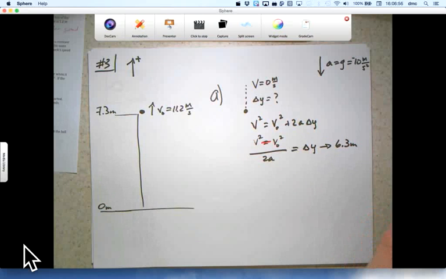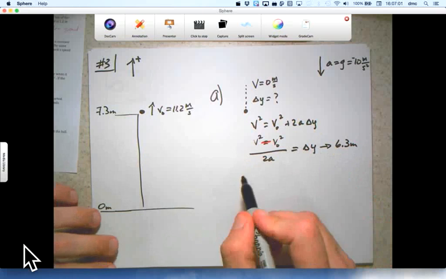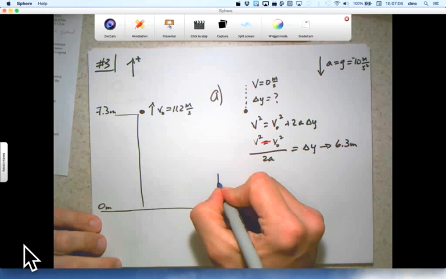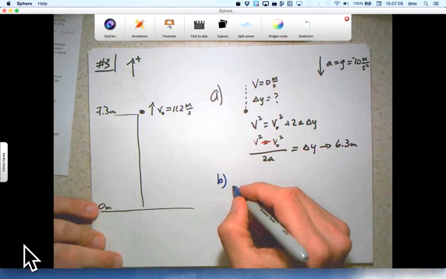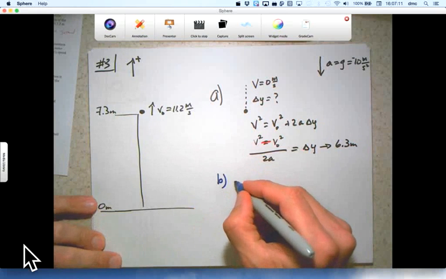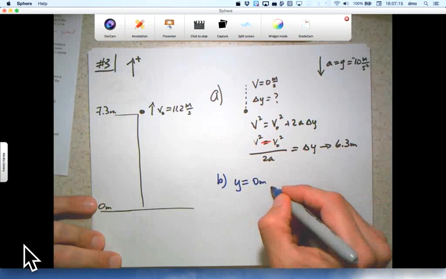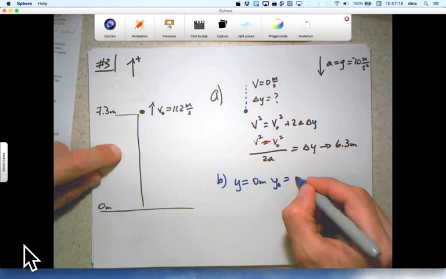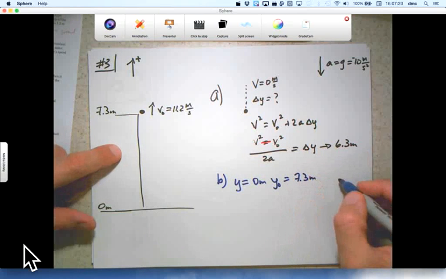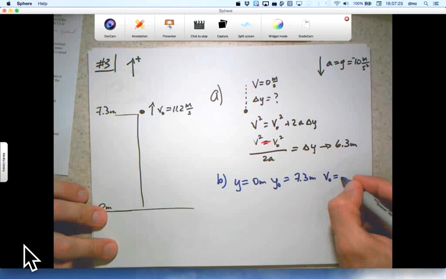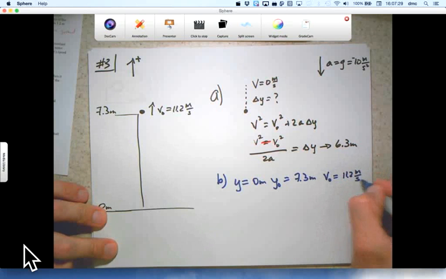B, how much time lapses before the ball strikes the ground? Okay, so the ball strikes the ground, so the final height will be 0 meters. The initial height is 7.3 meters. The ball is going to start with an initial velocity upward, so that makes it positive 11.2 meters per second.